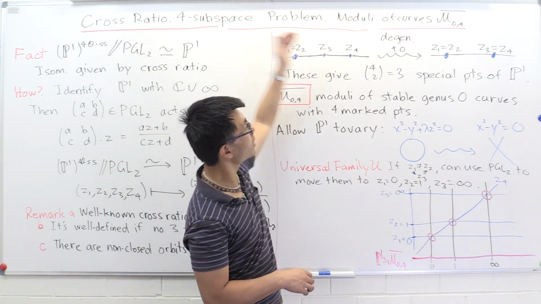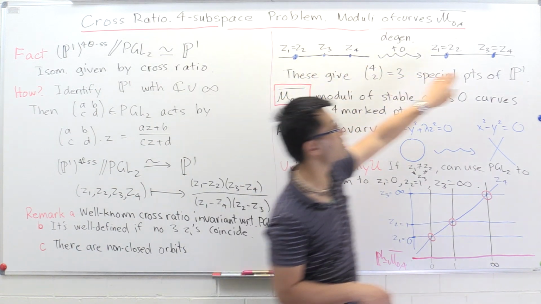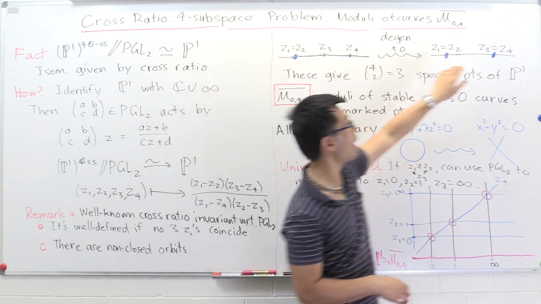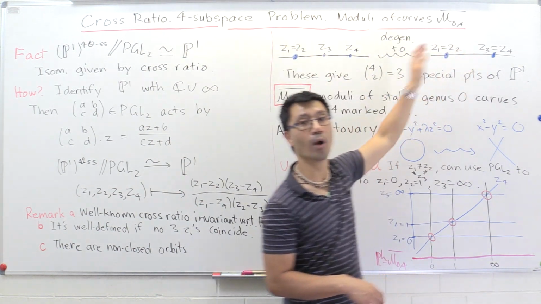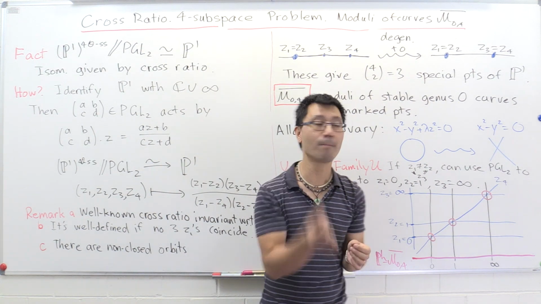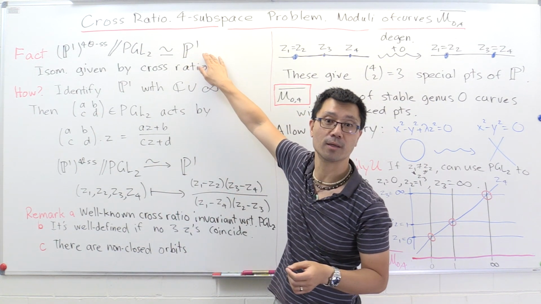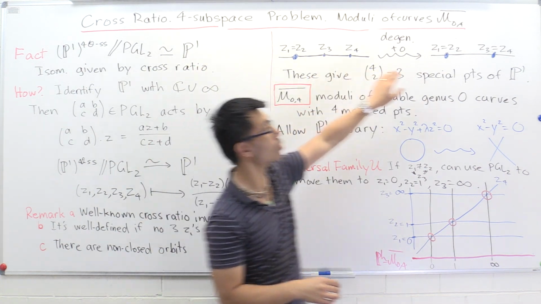Of course, when you take the limit, the closure of that orbit, you'll get it so that you can actually have Z3 equal to Z4. So in the closure of this one here, you'll have this one here. So these 2 orbits will actually get compressed into 1 point inside this moduli space of 4 points on P1. So in that P1, there are 2 orbits which get collapsed into 1.